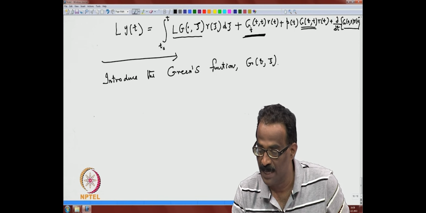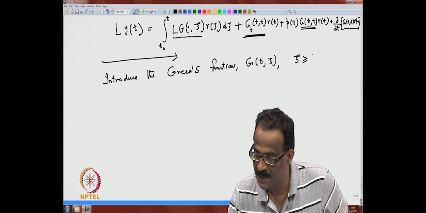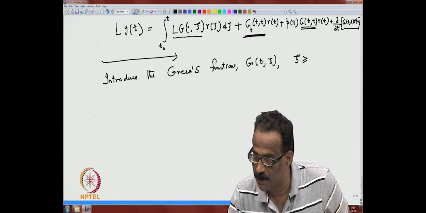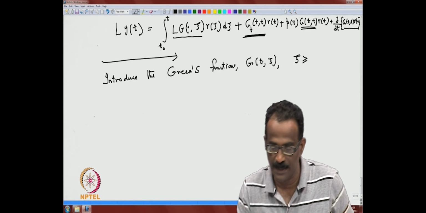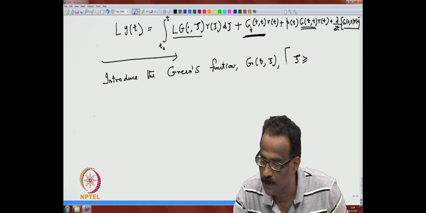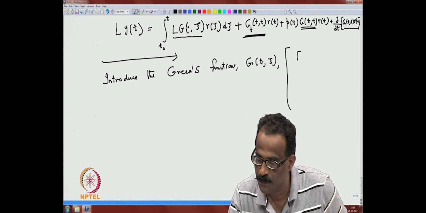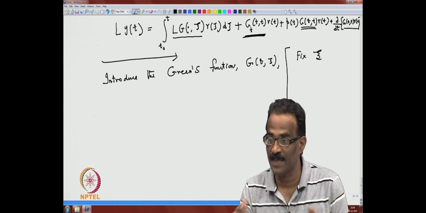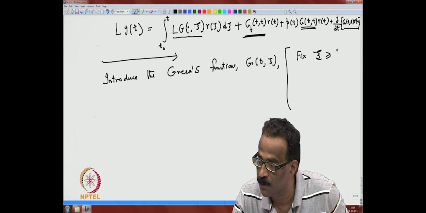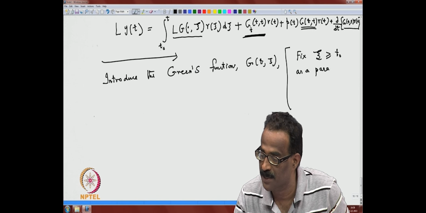I introduce g t psi for psi greater than or equal to t naught. So, how to introduce it: you fix psi as a parameter. I am introducing a fixed psi greater than or equal to t naught as a parameter. I want to treat it as a parameter.